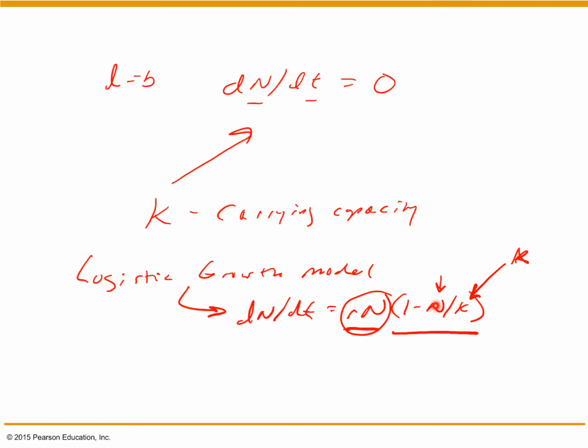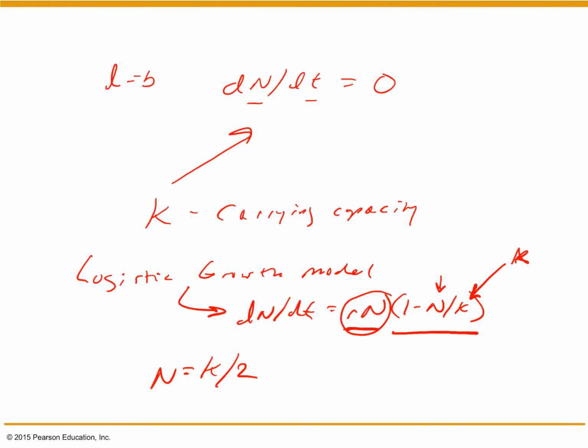What if N is larger than K? Well, now you've got 1 minus a number greater than 1. That should give you a negative number, which means negative population growth. So a population grows almost exponentially when small, and the rate of population growth is highest when N equals K divided by 2.